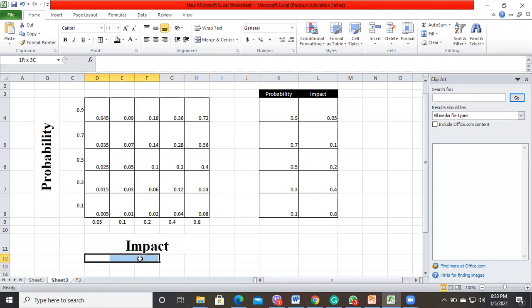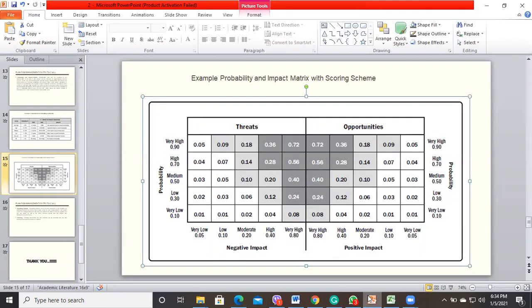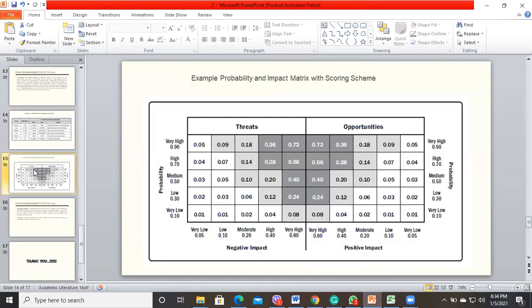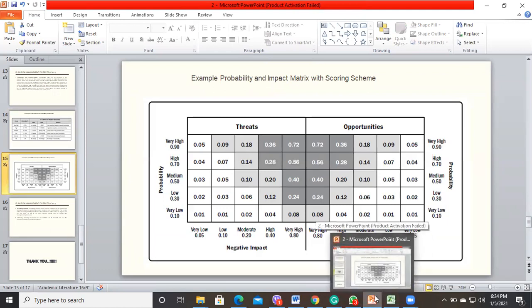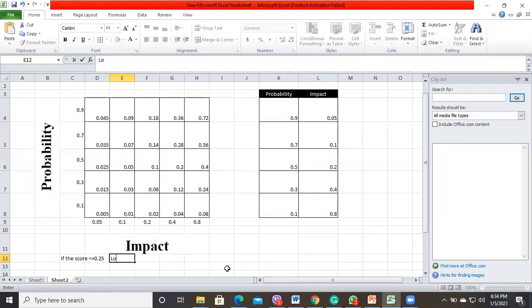Let's say if the score is less than or equal to 0.25, okay, here you can see, that can be noted as a low risky area.